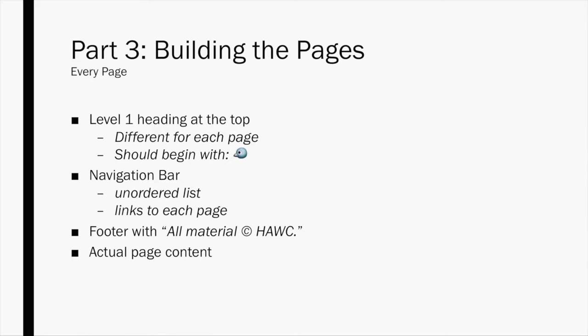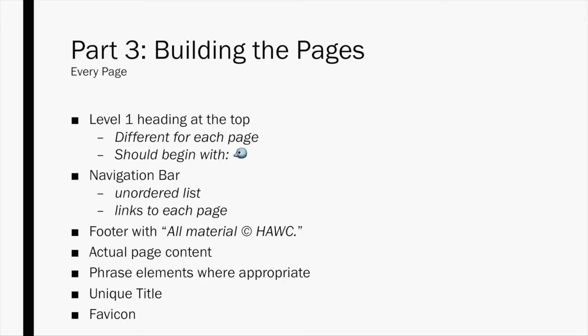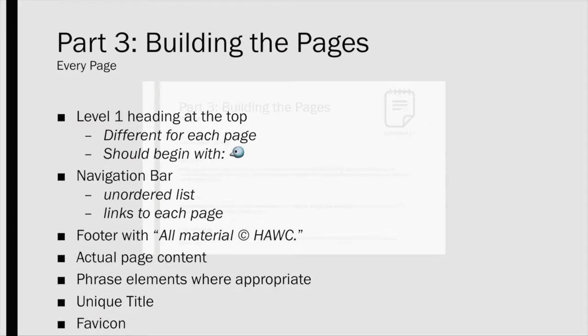The actual page content, and last but not least, phrase elements where appropriate, a unique title for each page, and the favicon that is being provided. Every single page should have this, no matter the actual content.